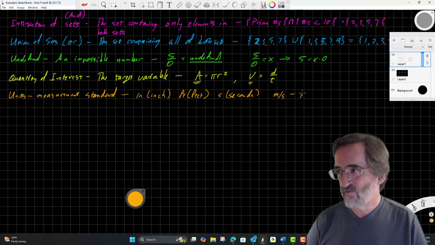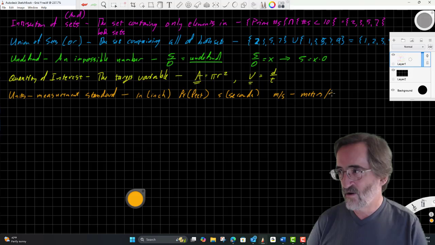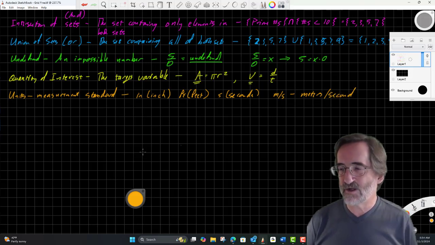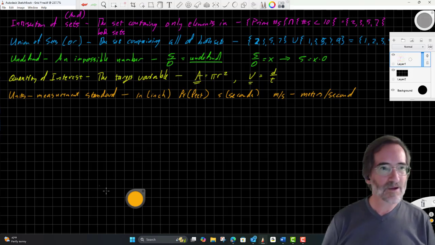M/S, meters per second, as a measurement of speed or velocity. Units.